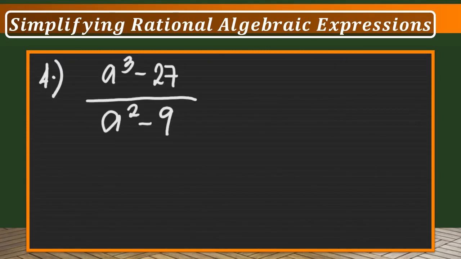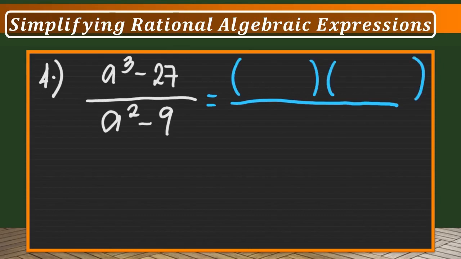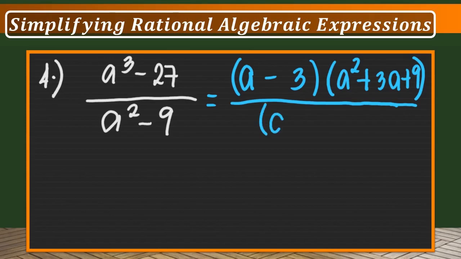Now lastly, let's have this one: a cubed minus 27 over a squared minus 9. Let's factor first the numerator. a cubed minus 27 is a difference of two cubes. So the factors are a minus 3, and then here we have a squared plus 3a plus 9. And the denominator is a difference of two squares, so it becomes a plus 3 times a minus 3.